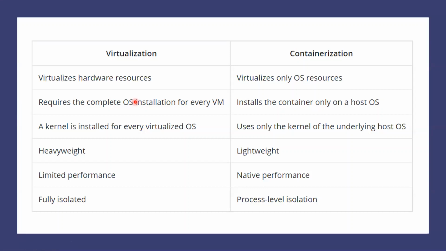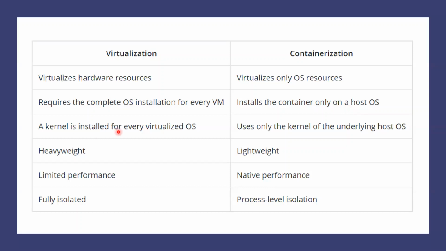As I said, in VirtualBox, if I need Ubuntu OS, I have to install Ubuntu OS using ISO files. If I need to operate in Red Hat operating system, I need to download the ISO file for Red Hat and then install it in my other VM on the VirtualBox. Whereas containerization needs no operating system of its own. Instead, it is only the host operating system which my laptop has, that is my Windows.